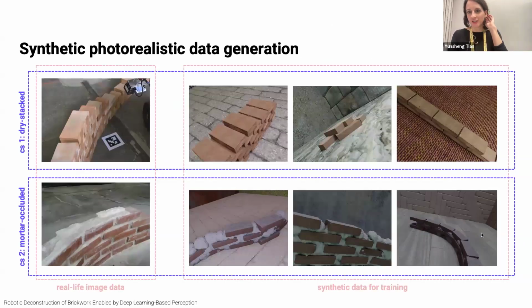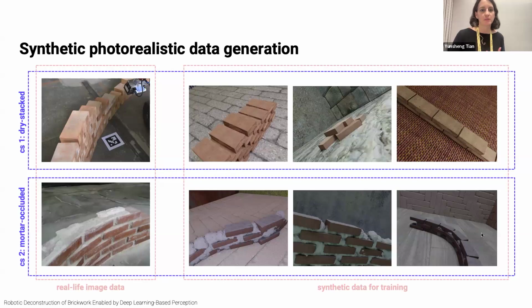And of course, as we have heard today also many times, given the data intensive nature of such deep learning based approaches, there are no readily available data sets in building construction. So there are no readily available data sets for bricks.